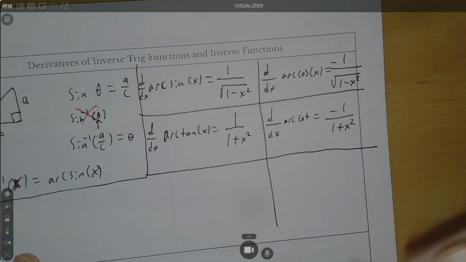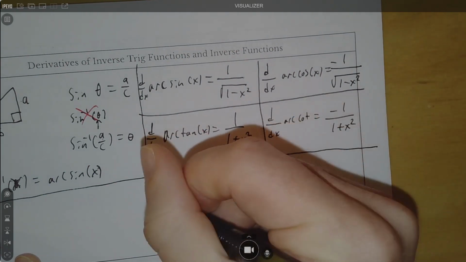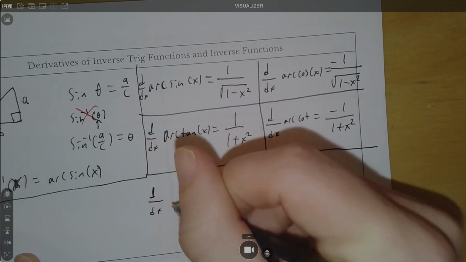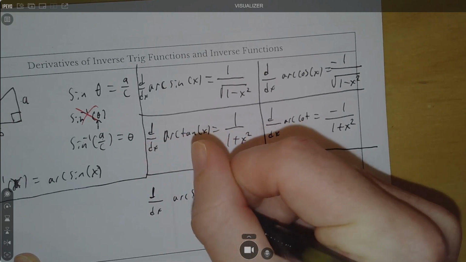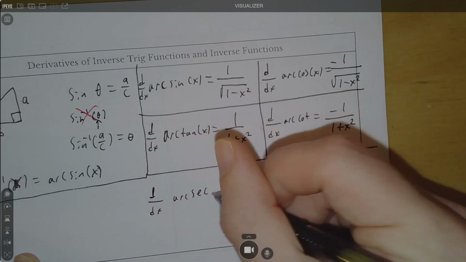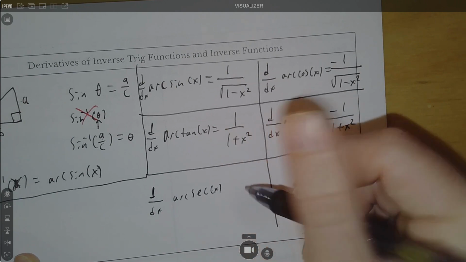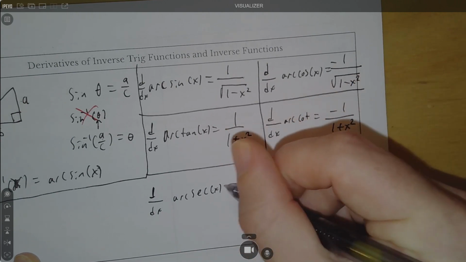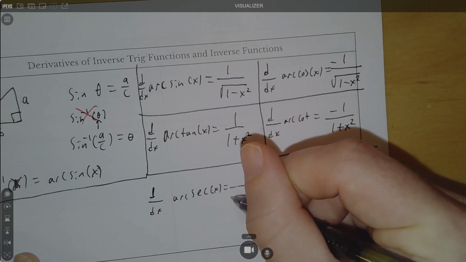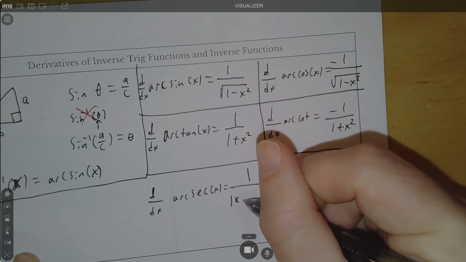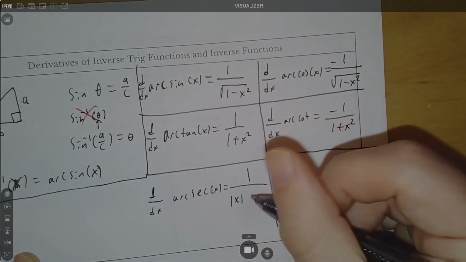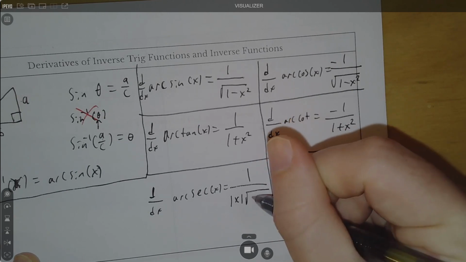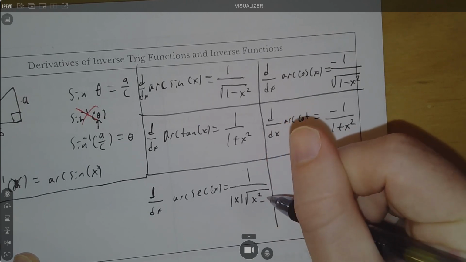And then the last ones, which are very rare, but I will go over them. The derivative of arc secant is 1 over the absolute value of x times the square root of x squared minus 1.